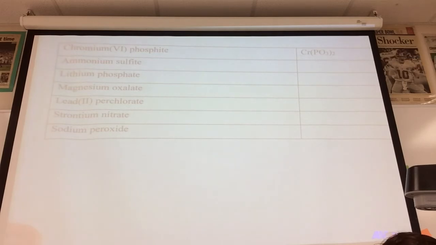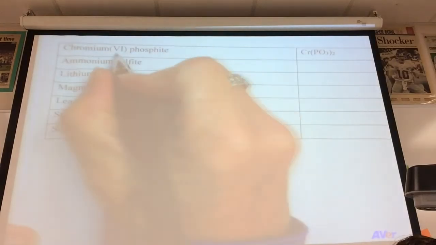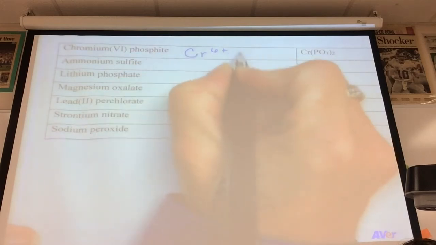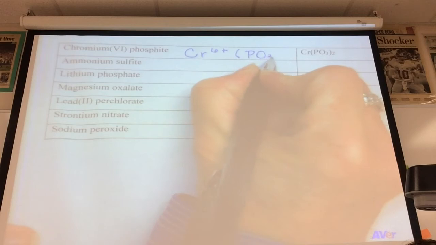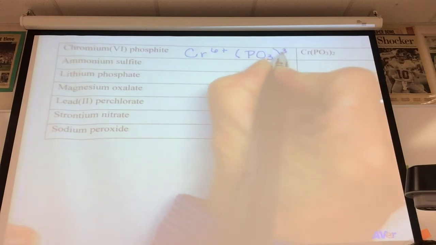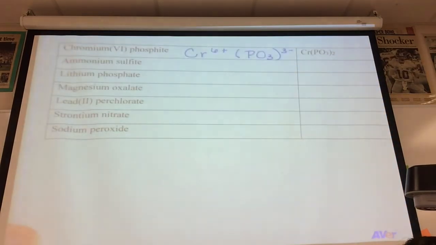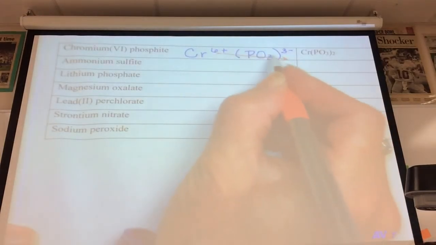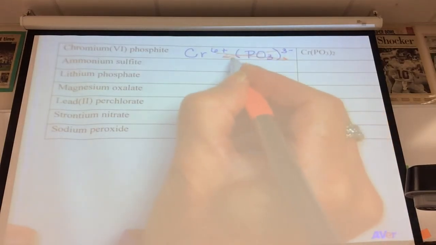The next one's written out as well. You've got chromium. What number is that? 6. Cation first. Phosphite, in parentheses, PO3, 3 minus. So initially, the 6 goes here, the 3 goes here.